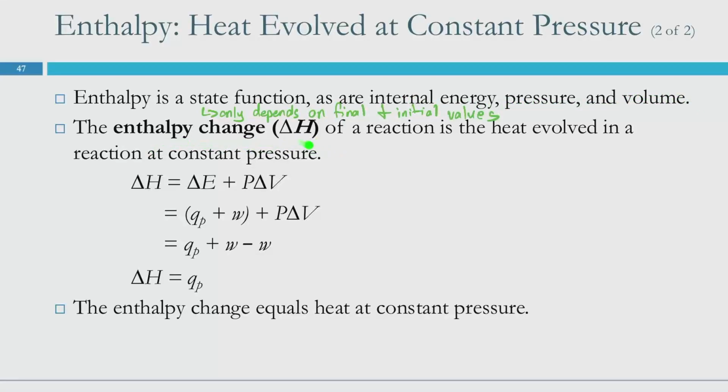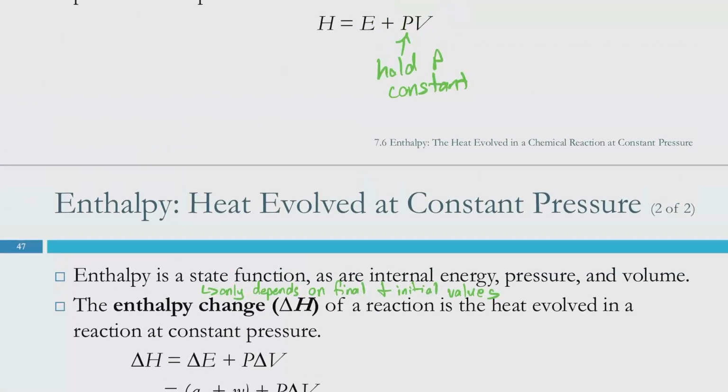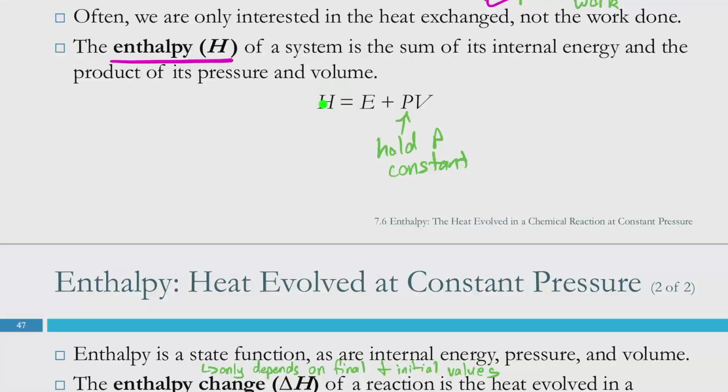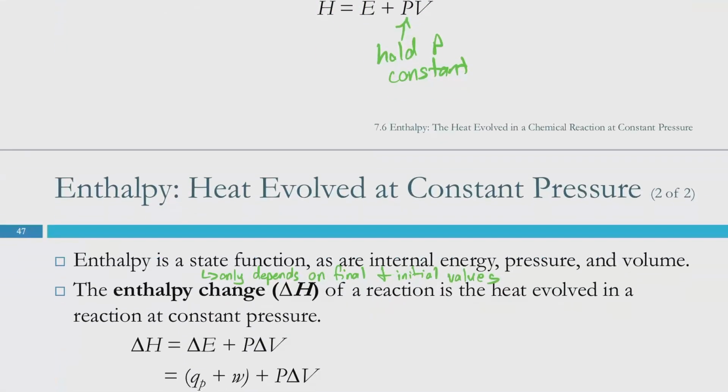The enthalpy change, the change in H of a reaction, is the heat evolved in a reaction at constant pressure. So this, H equals E plus PV. We've added deltas in front of the H, the E, and the V.